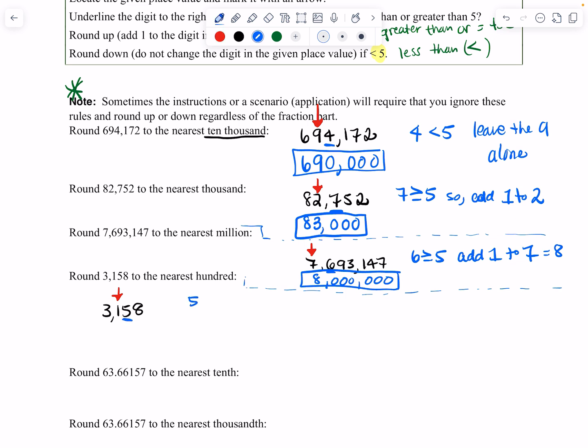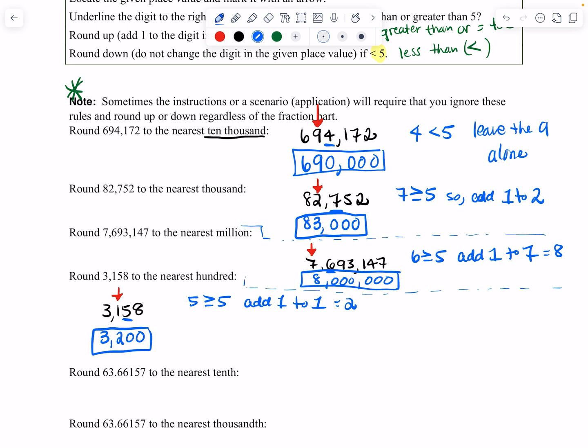Now 5 is greater than or equal to 5. So I'm going to add 1 to the 1 that is in the hundreds position. So 1 plus 1 is 2. So this becomes 3,200. Okay, so those are all examples of place values before the decimal.